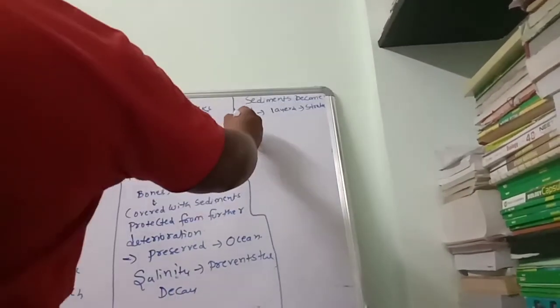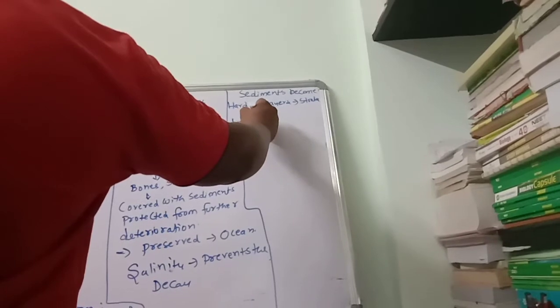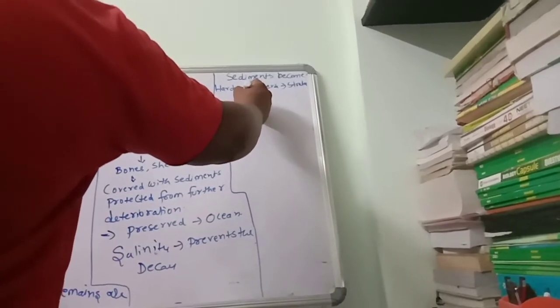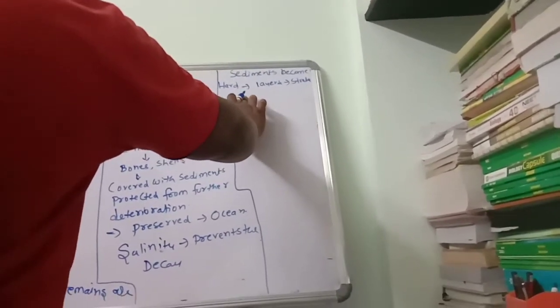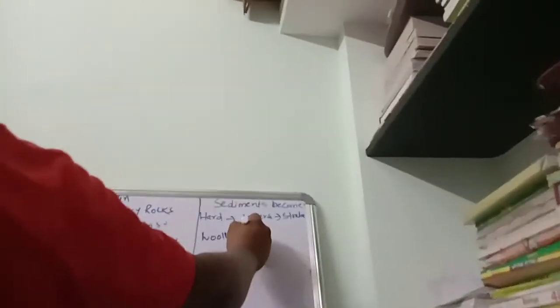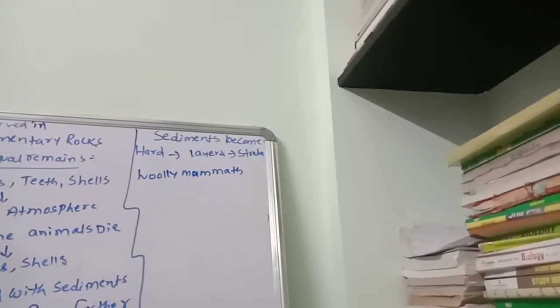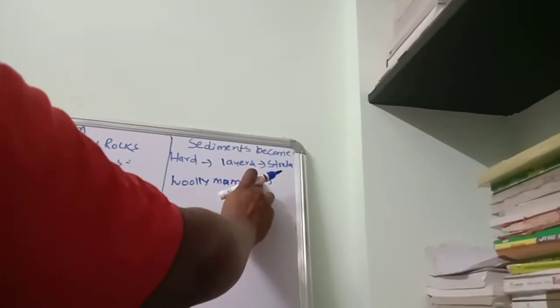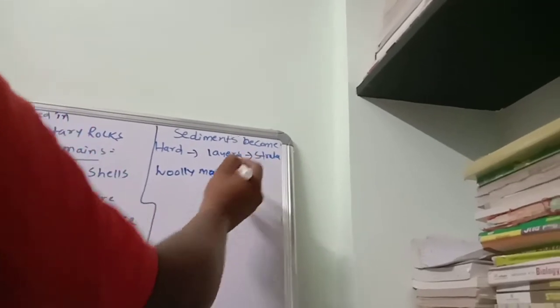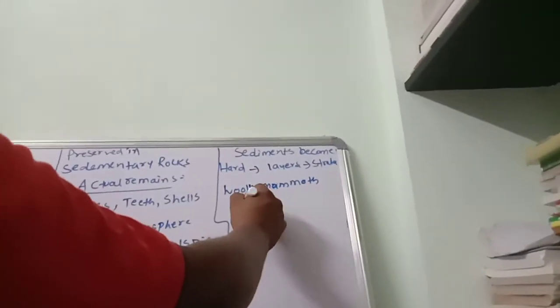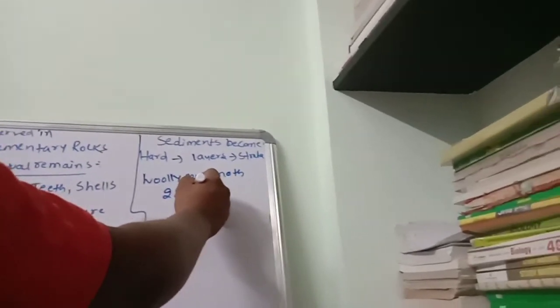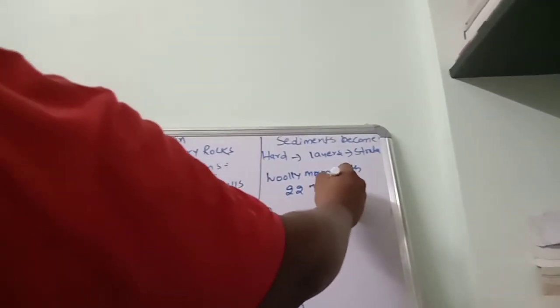For example, here I am writing woolly mammoth. This word is a very important name. Woolly mammoth. They lived 22,000 years ago.